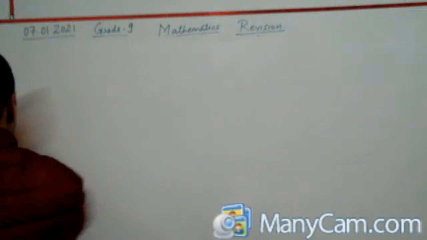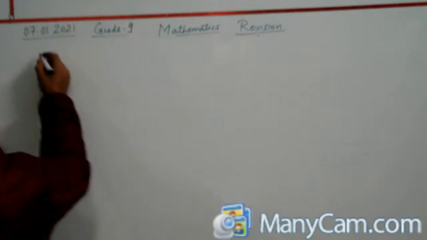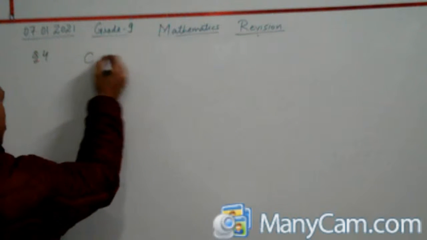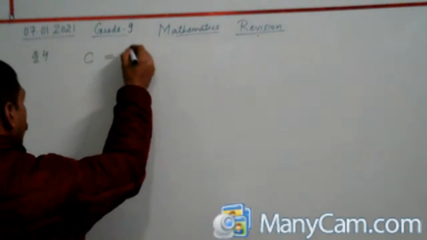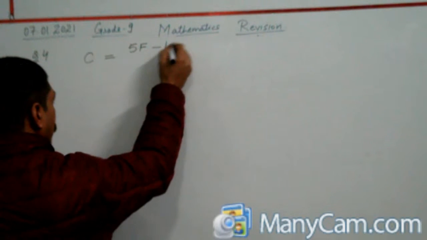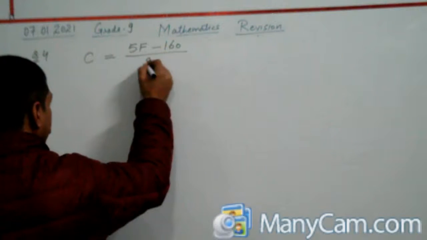The relation is C is equal to 5 times (Fahrenheit minus 160) upon 9.